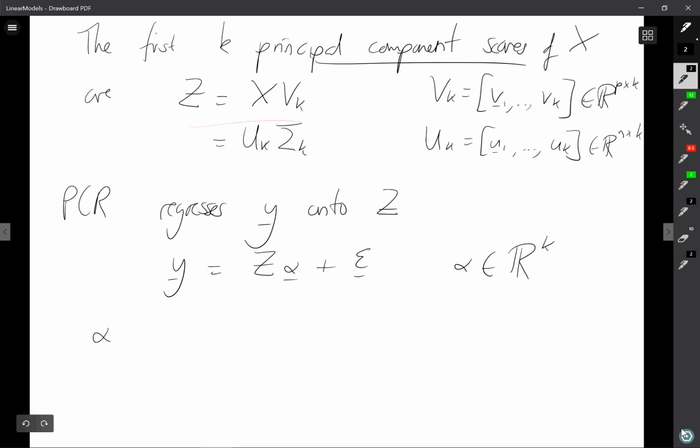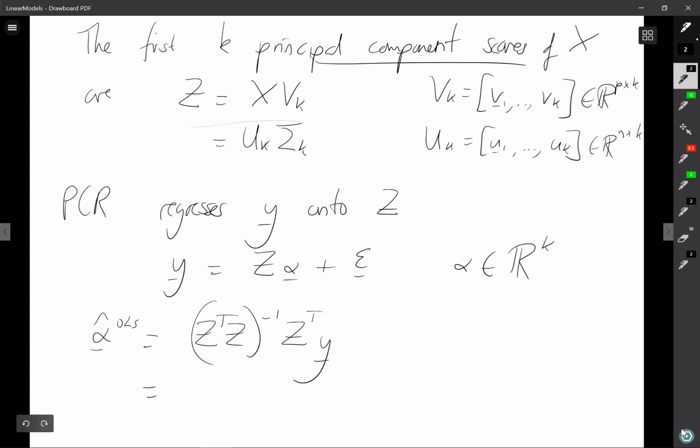So the ordinary least squares estimator of alpha, well, that's just going to be (z transpose z) inverse z transposed y. Yep, we saw that previously. But what is z? Well, z is U_k Sigma_k. So let's substitute that in.